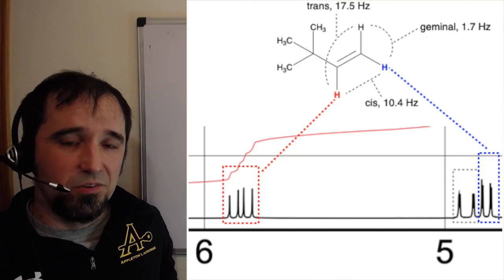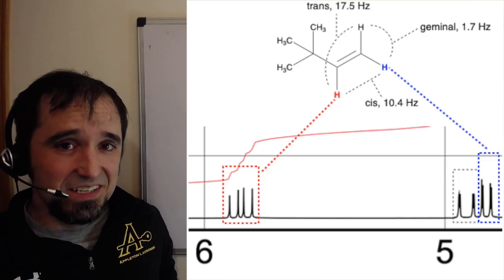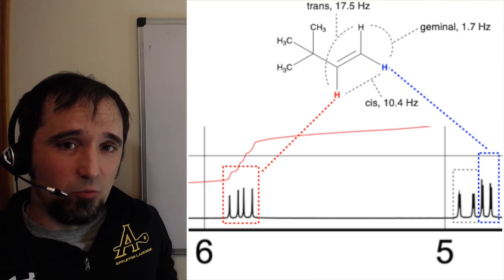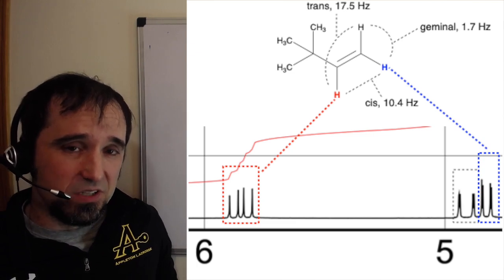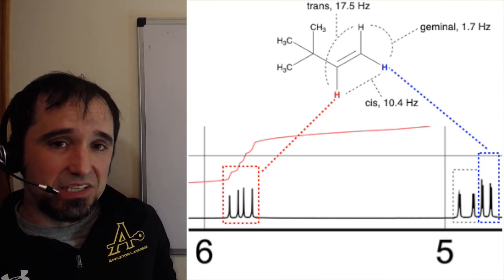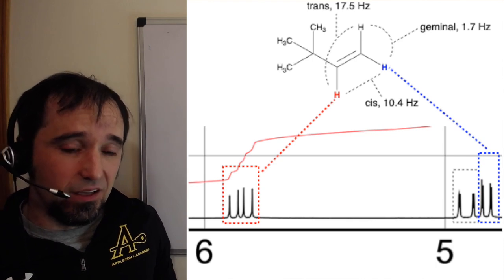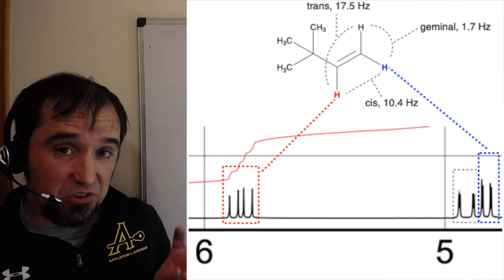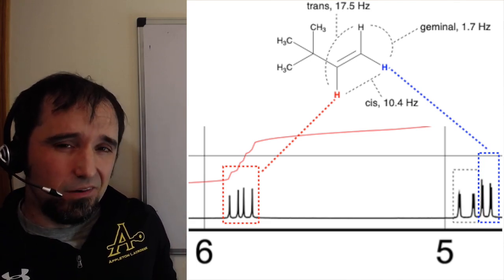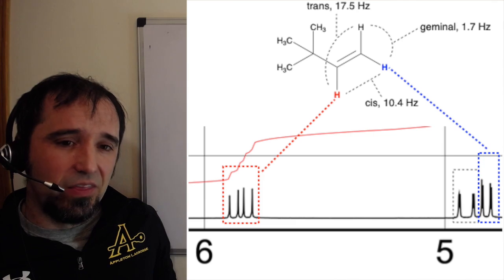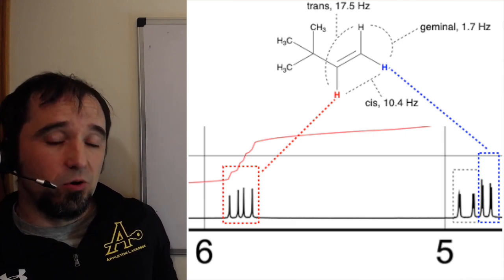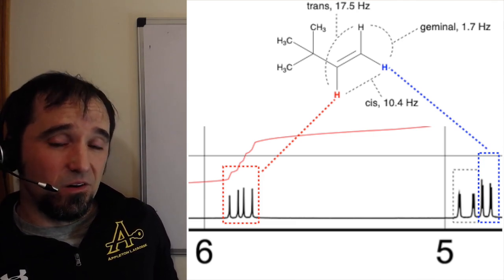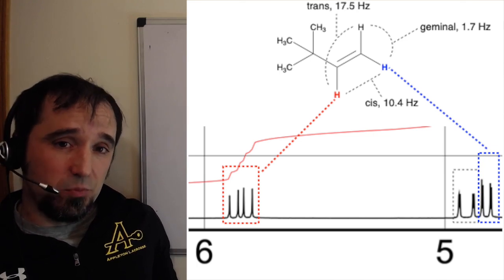Here's another example through the magic of picture-in-picture. So here is an alkene with three alkene protons, right? So we can actually tell the difference between these three. They're all kind of complicated multiplets being a general term, but they're not that hard, right? So if I look at that red proton, the red proton has a cis partner and it has a trans partner, right?